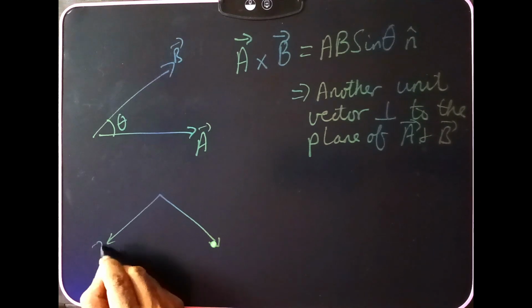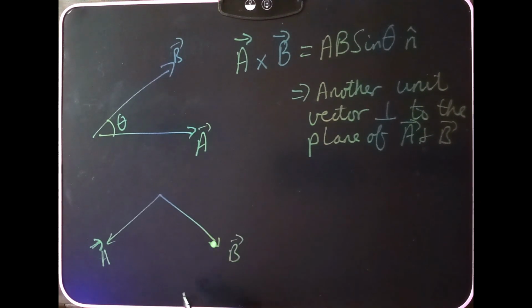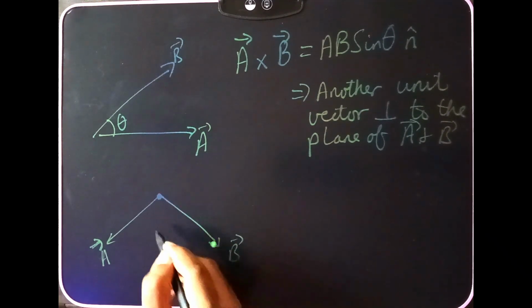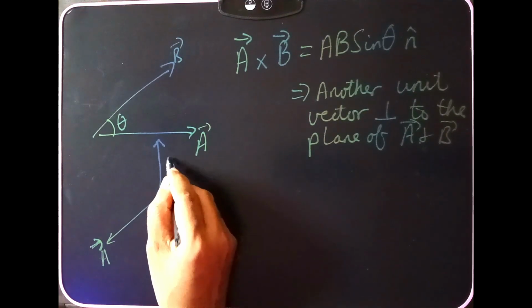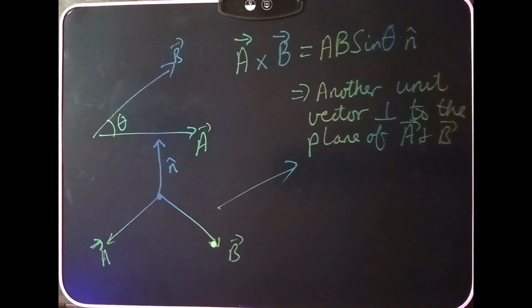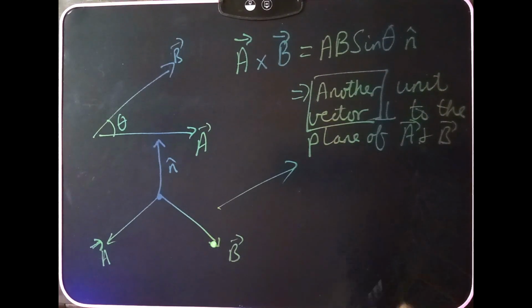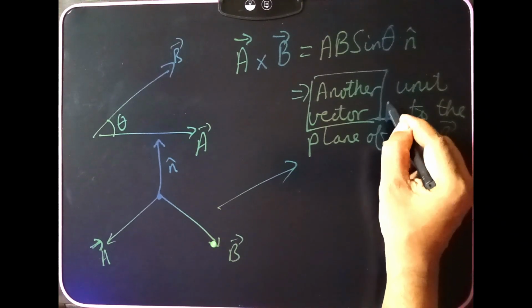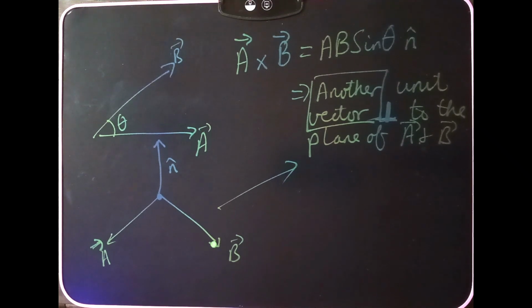This is A vector, this is B vector. So the cross product will give us a third vector which is perpendicular to both of them, which is n cap. So cross product is going to give us another vector, and the speciality of that vector is it will be perpendicular to the plane of A and B.